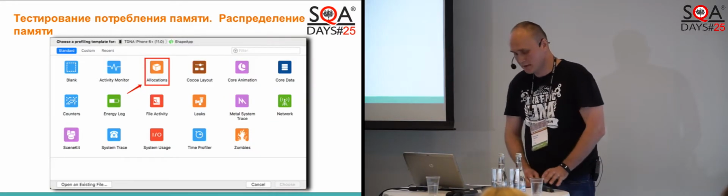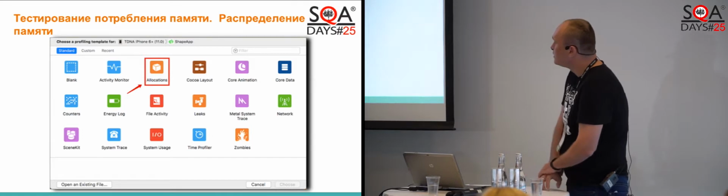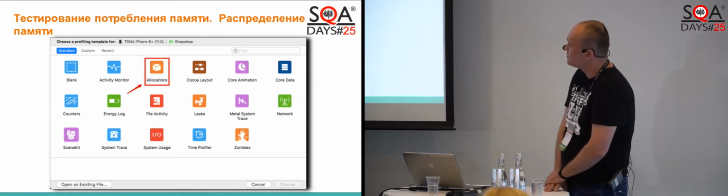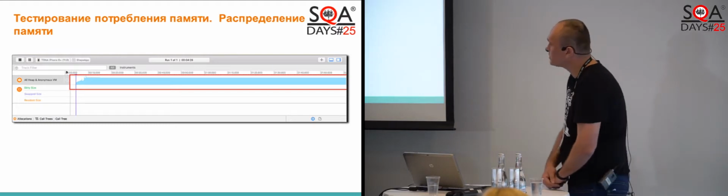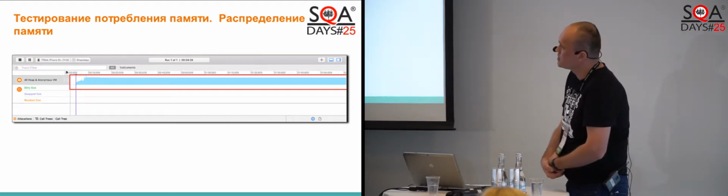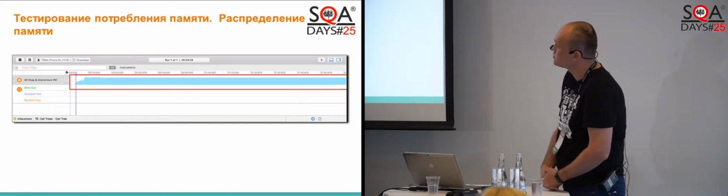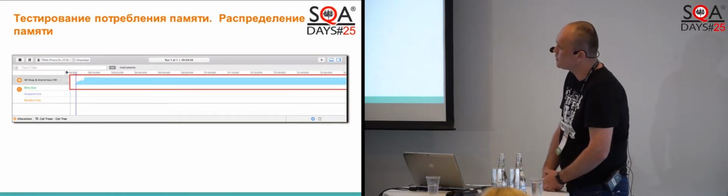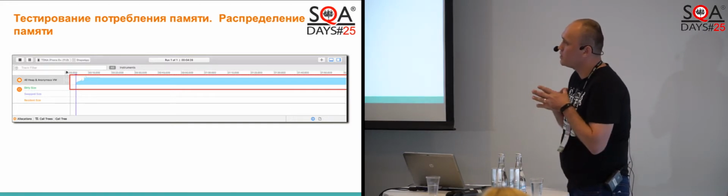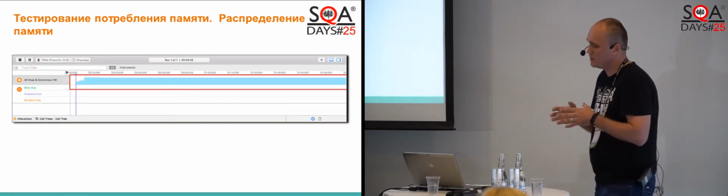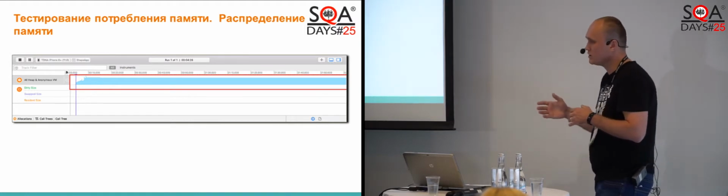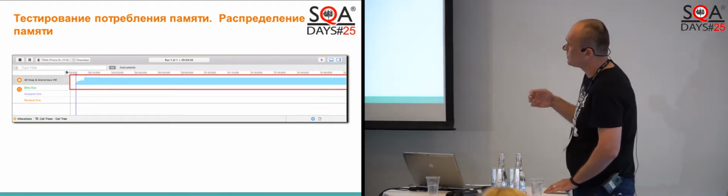In order to detect these problems, we do this testing. We just launch an application and then we look at the memory use. The memory use can be separated into phases.